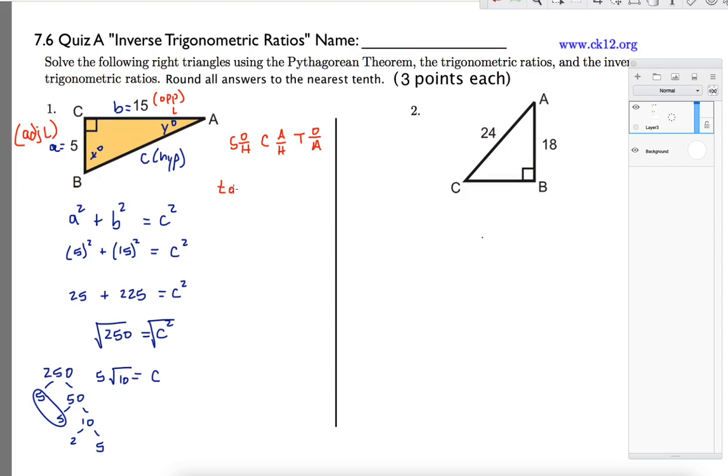So tangent of angle X equals the opposite, 15, over the adjacent, 5, and I can simplify that.